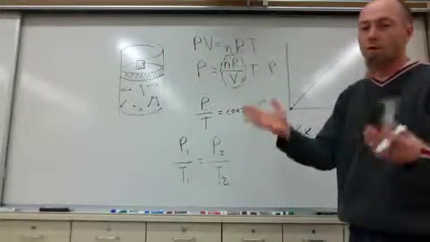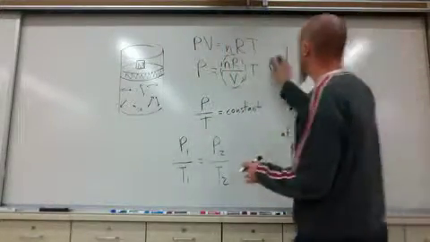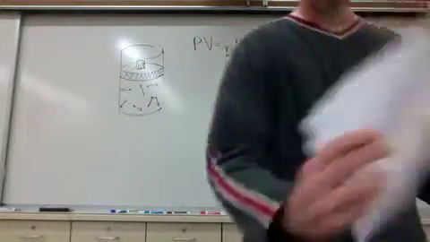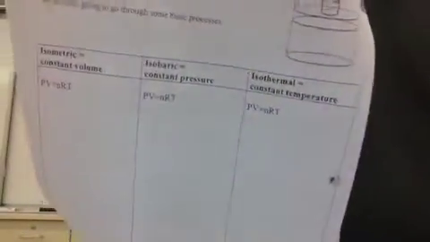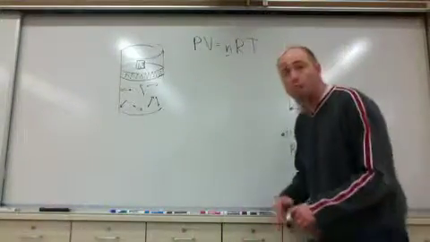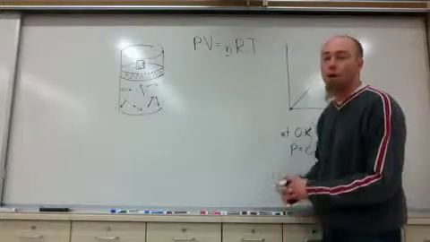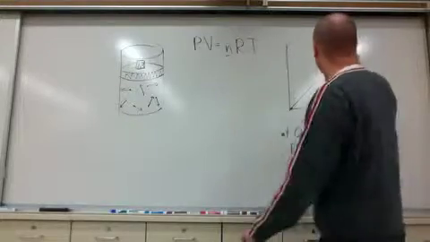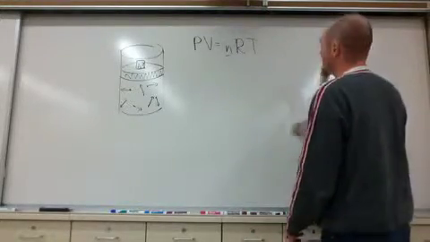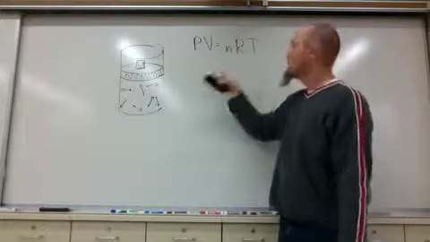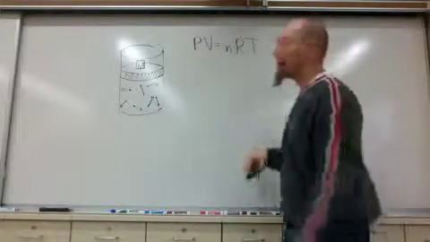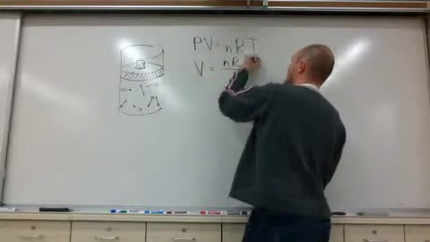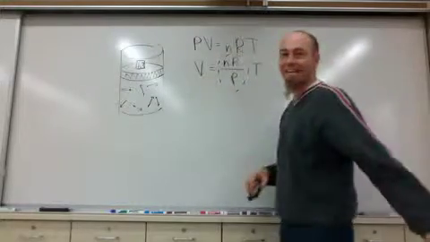Hopefully that makes sense. Second one is isobaric. This should make sense to you, because if you think about it, a barometer measures pressure. So if something is isobaric, it's constant pressure. Iso, constant; baric, pressure. So again, go back to our lovely equation here. That means P is constant. That means that I'm going to get V equals nR over P times T, where this piece is going to be a constant.